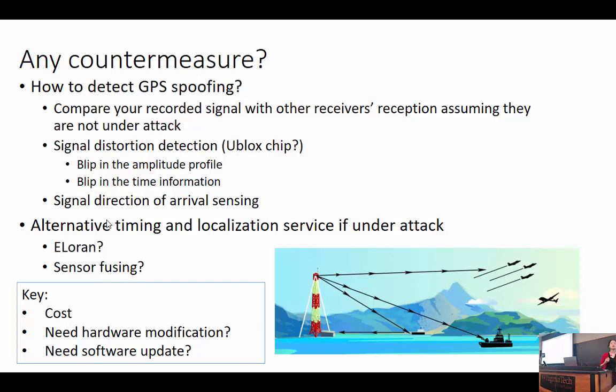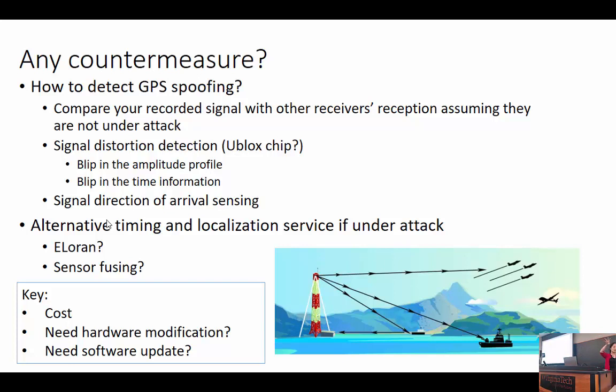Another type of detection method is signal distortion detection. This one says let's look at the received signals. This assumes the GPS receiver is on its own, but it can examine its received signals to detect any abnormalities. For example, remember that in the spoofing attack, we have to make the fake signals stronger than the real legitimate signals so that the receiver will latch onto the fake signal.